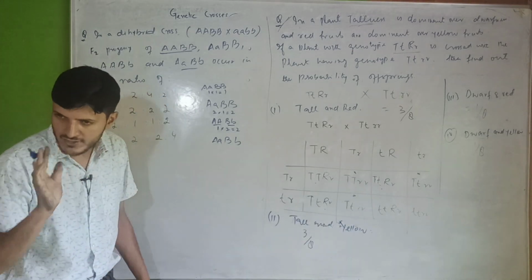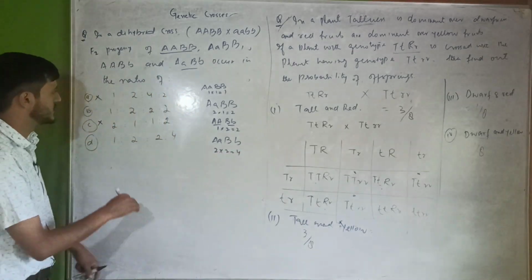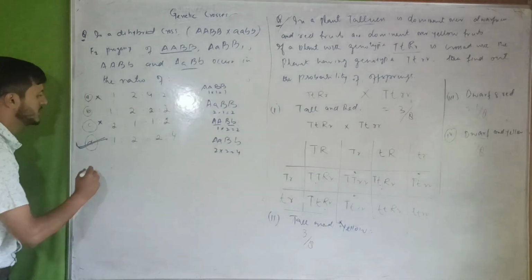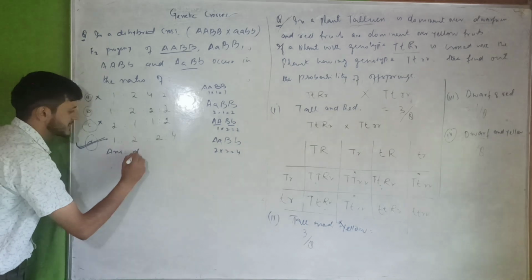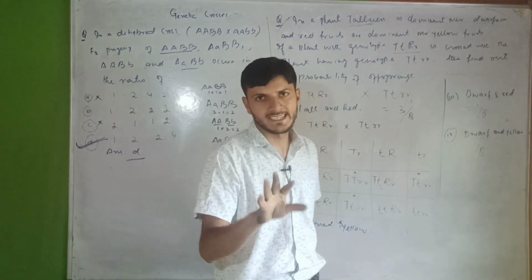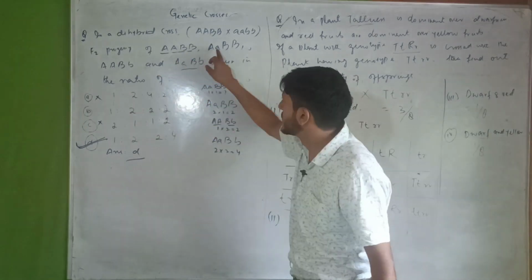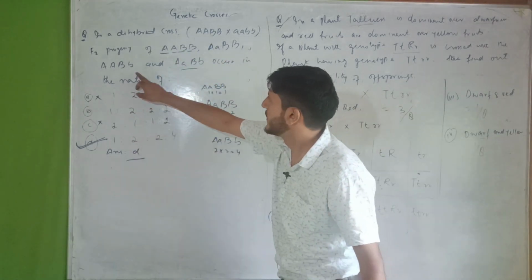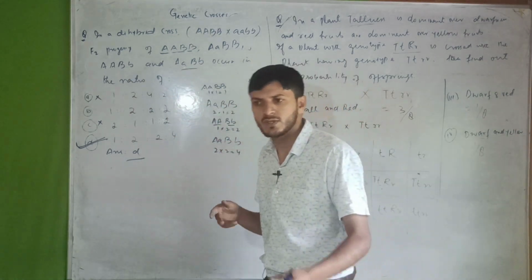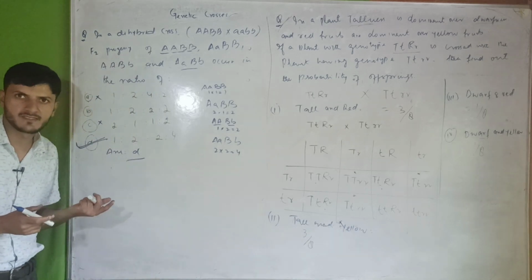Both are in heterozygous condition. 2 and 2, that is 4. Option B has 2, so this option is eliminated. So the answer is option D. We can solve this question within 10 seconds: 1 into 1 is 1, 2 into 1 is 2, 1 into 2 is 2, 2 into 2 is 4. Within a few seconds we can solve these kinds of questions. Got it?